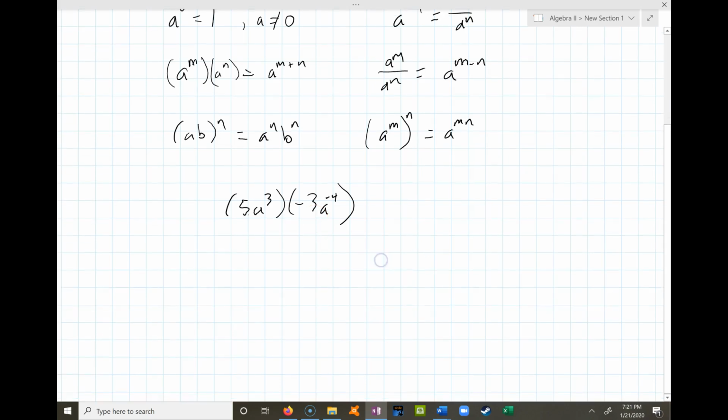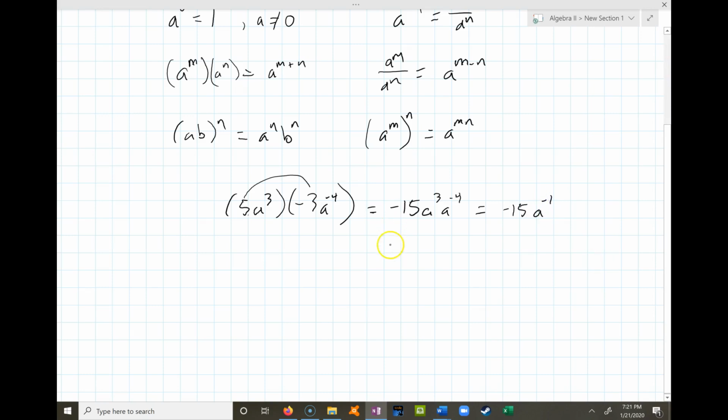Because multiplication is commutative, I can multiply in any order I want. I could multiply 5 times negative 3 first. That would give me negative 15. And then I'd have an a to the 3rd and an a to the negative 4. Since they have the same base and you're multiplying, you just add the exponents. So that would be 3 plus negative 4, which ends up being a to the negative 1.